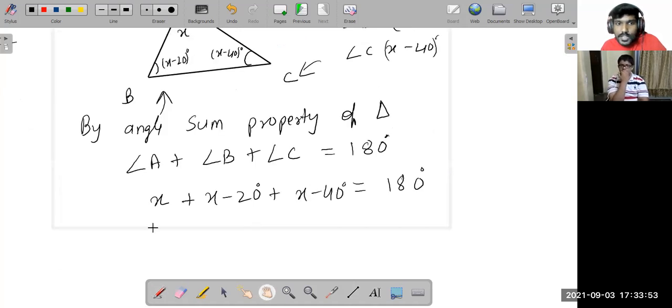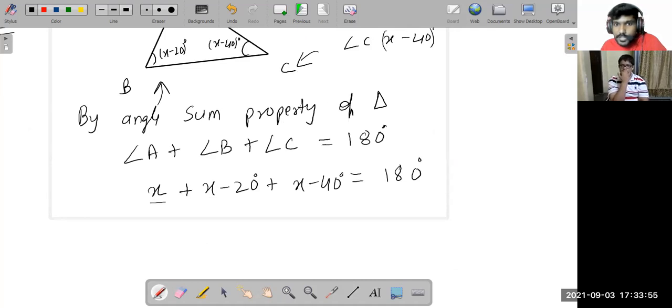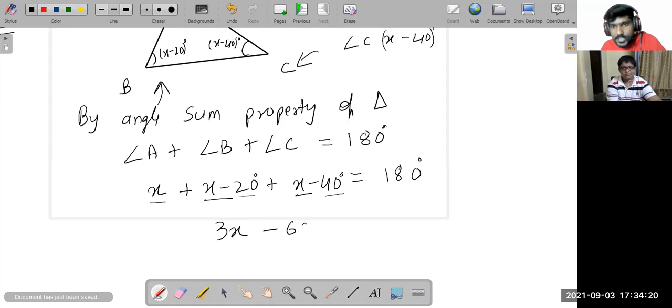Now, x plus x plus x will become how much? 3x. And minus 20 minus 40 will become minus 60 degree, equal to 180 degree.